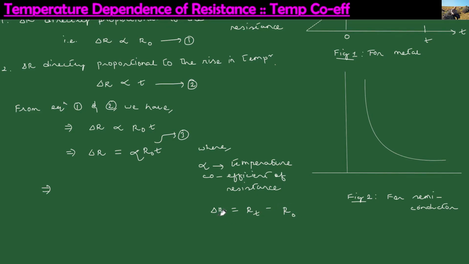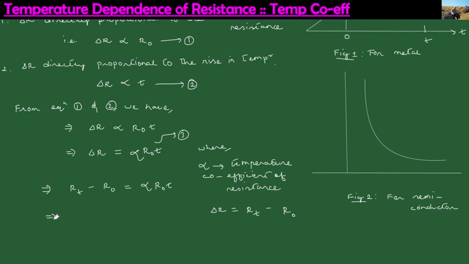Delta R is the change in resistance. So this will give you RT minus R naught, and this will be equal to alpha R naught into T.